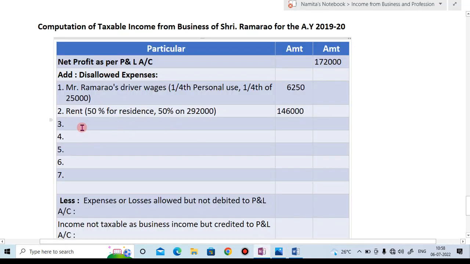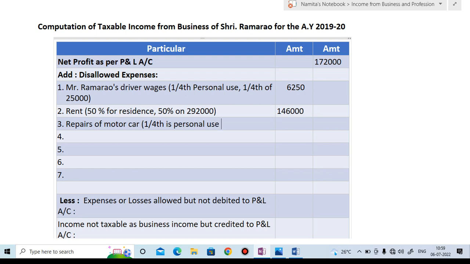Next will be repairs of motor car, 1/4 is personal use.